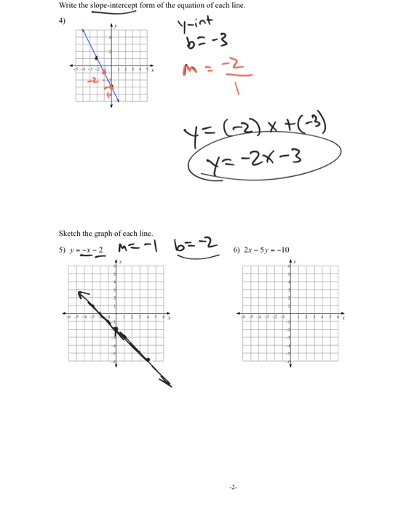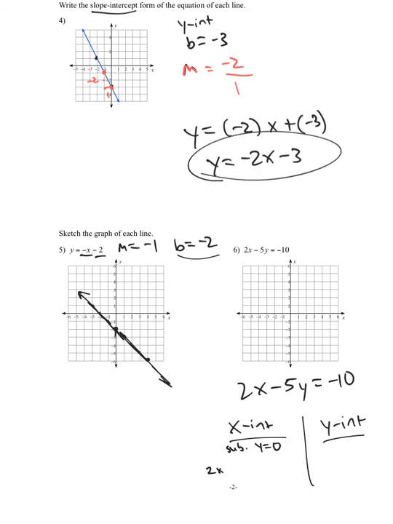And so I guess that makes graphing number 6 a little easier, because what we do to graph out of standard form, this was our last lesson yesterday, was to find the x-intercept and the y-intercept. Okay, guys, to find the x-intercept, you substitute y equals 0.